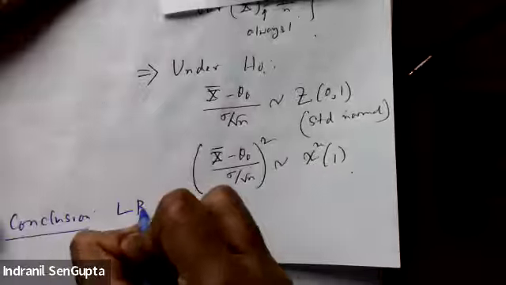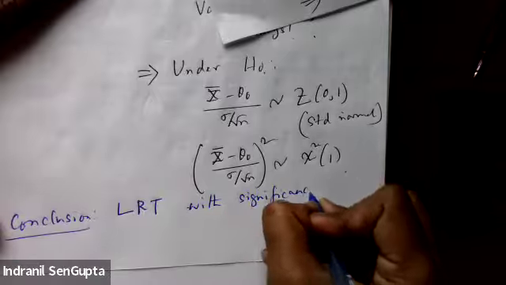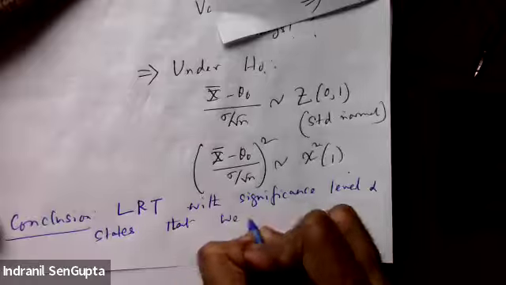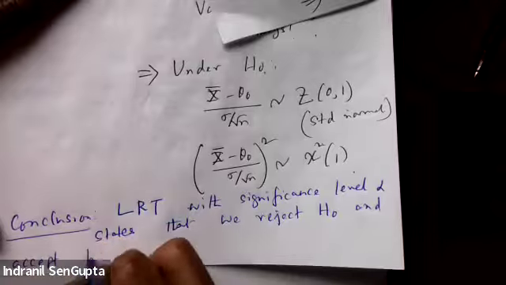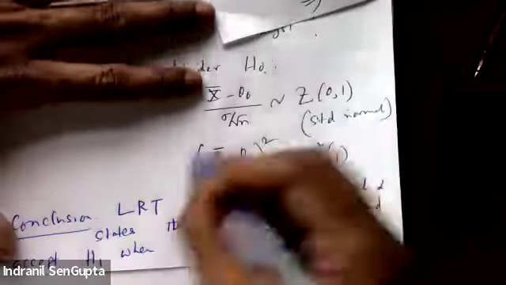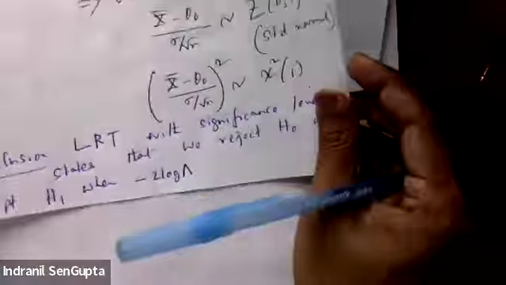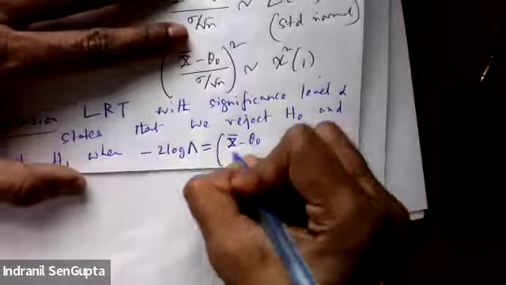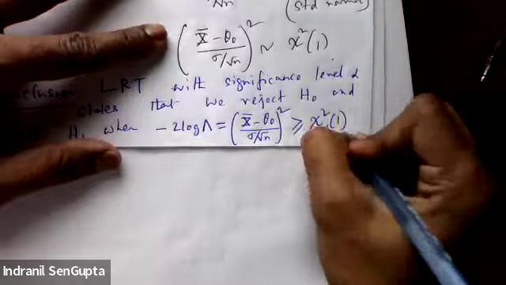The likelihood ratio test with significance level alpha states that we reject H0 and accept H1 when this quantity, minus 2 log lambda, which is what we derived, is equal to x bar minus theta 0 over sigma over square root of n, squared, is bigger than chi squared 1.